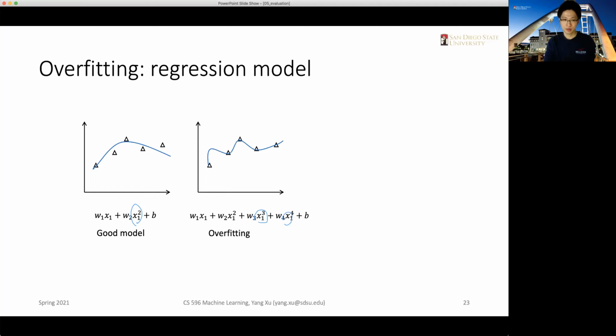So this is something that we would call overfitting. Compared to a good fit and overfitting, we may have a third consequence, which is underfitting. Underfitting is the opposite of overfitting because we use too few parameters when we could have used more, when we have the option to use more.